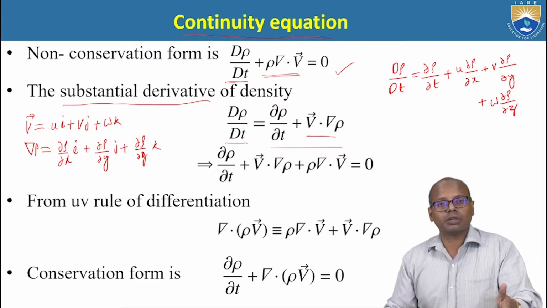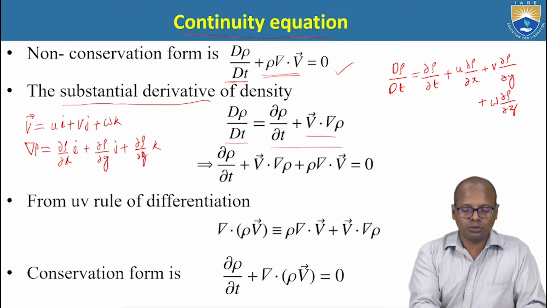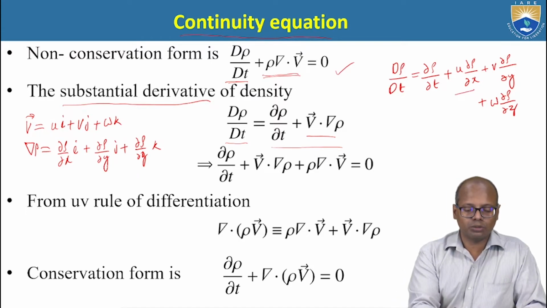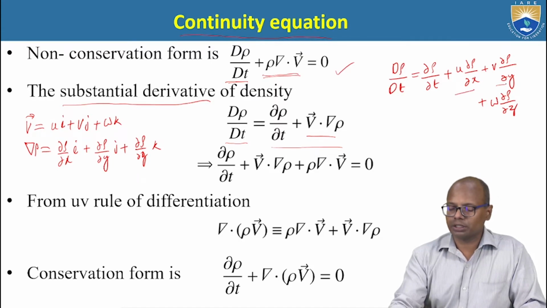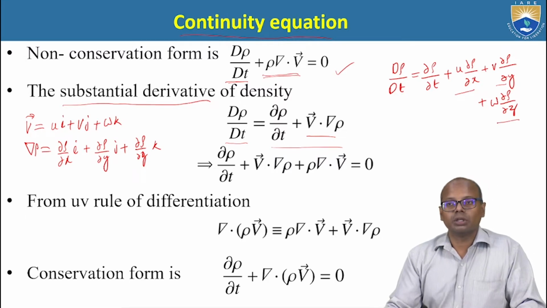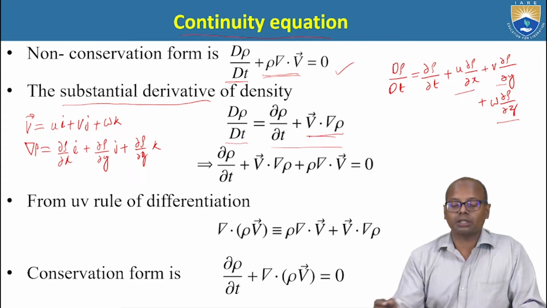Now these two are the vector forms. If I take a dot product v dot del rho, what I will get? I will get u into dou rho by dou x, next v into dou rho by dou y, w into dou rho by dou z. So like this I can get this vector form.